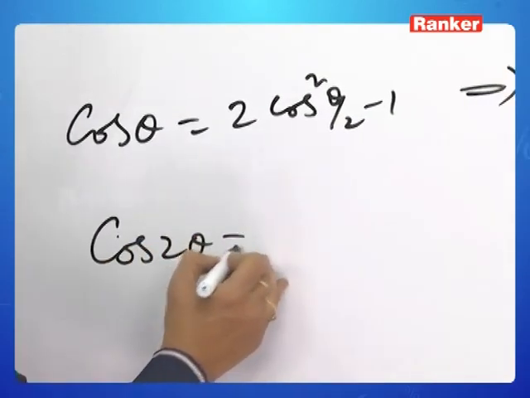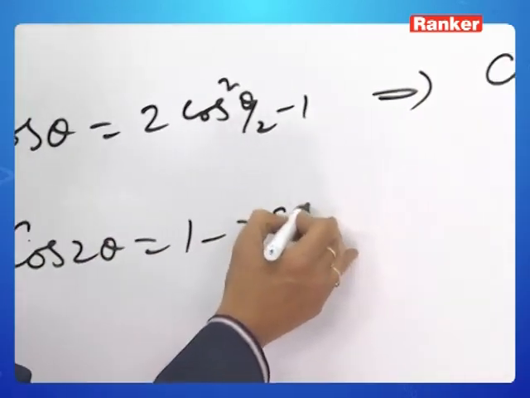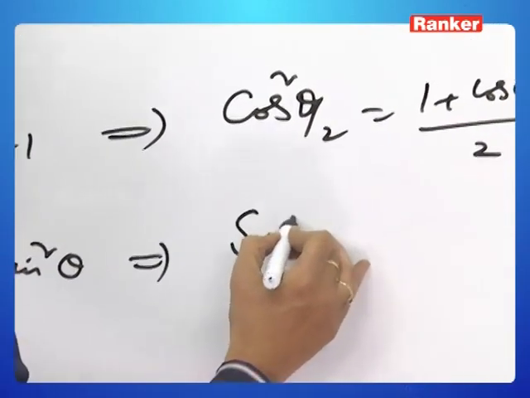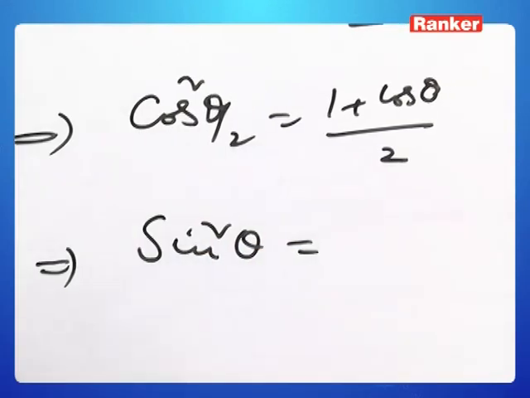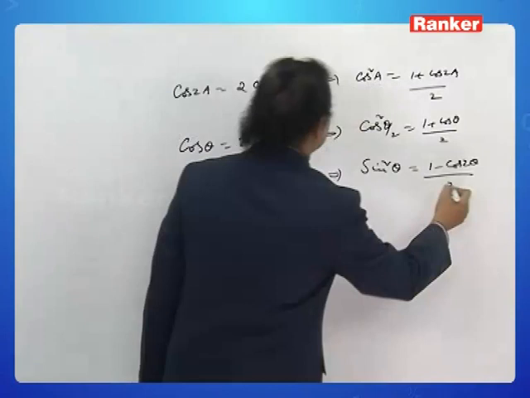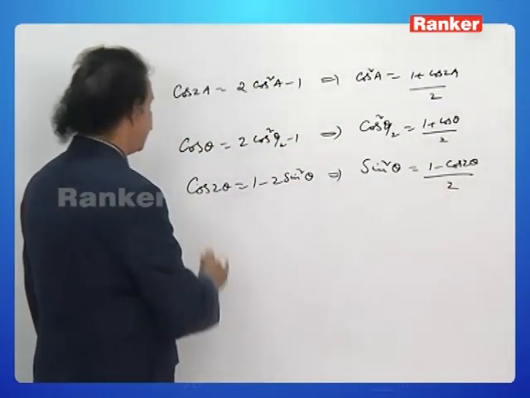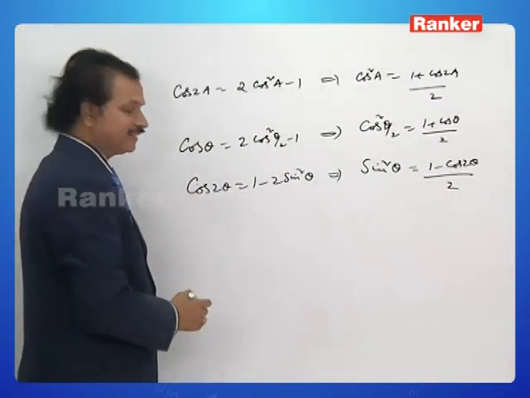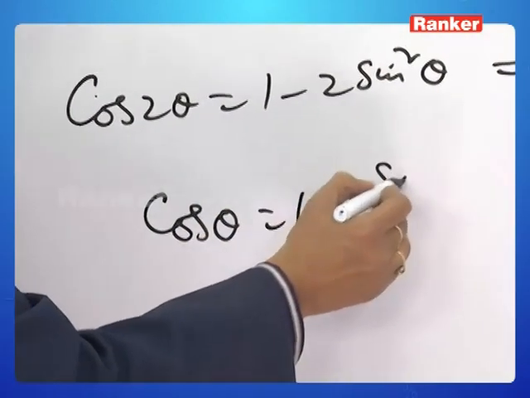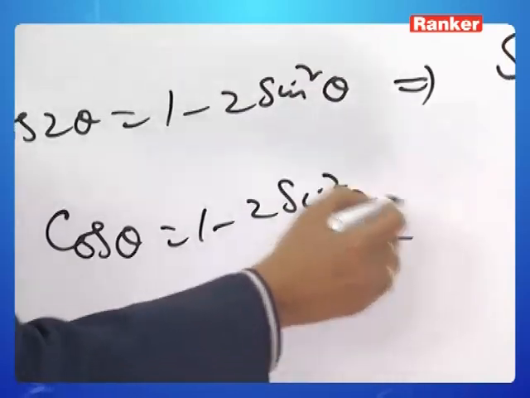Cos 2 theta is equal to 1 minus 2 sine square theta, isn't it? From this we have sine square theta is equal to 1 minus cos 2 theta by 2. Again, if you write theta by 2 for theta, you have cos theta is equal to 1 minus 2 sine square theta by 2.